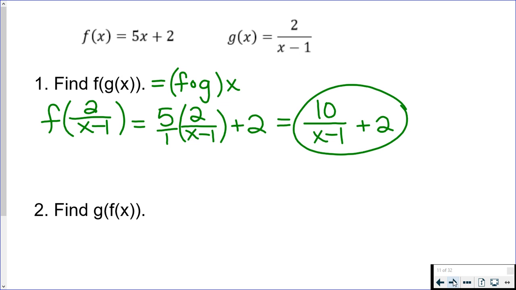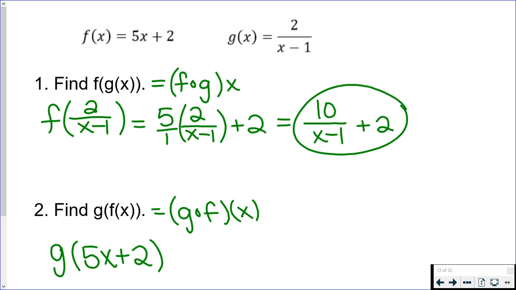Now, if we go the other direction, it would be g of f of x, which means f is being plugged into g. Here is your notation for that. There should have been a parentheses around the x in the first one. This is the notation, g of f of x. And so what's happening here is 5x plus 2 is being plugged into g because f is being plugged into g.